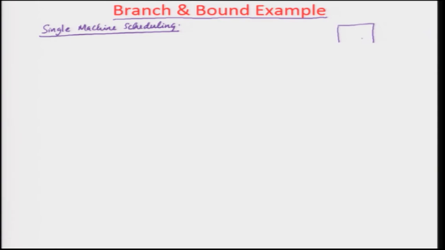Okay. So, again as I said earlier, let us look at a simple example of this one. This would make you understand the problem better. So, this is a single machine scheduling. The idea is that you have a single machine.